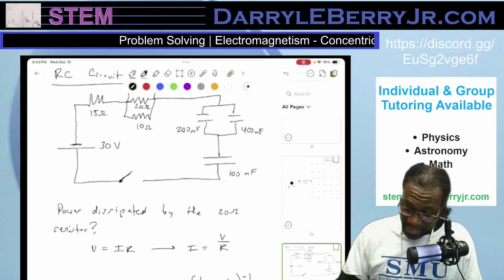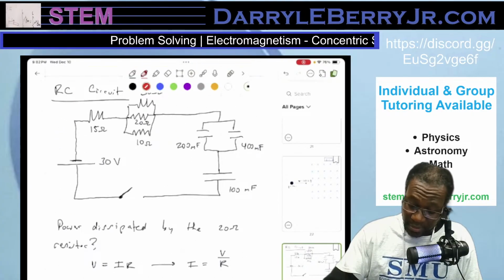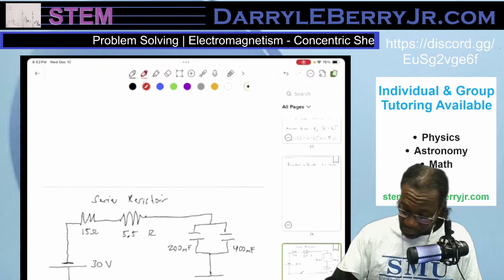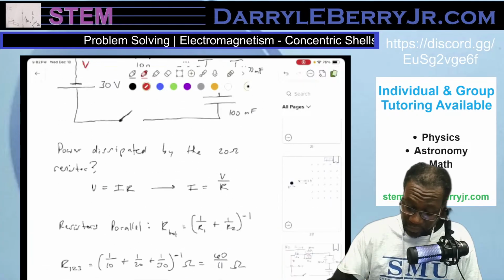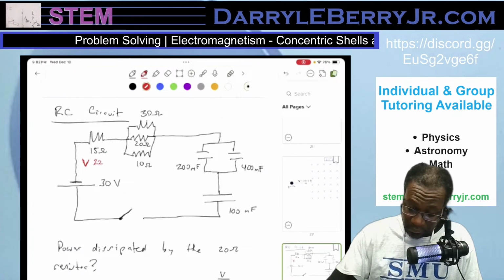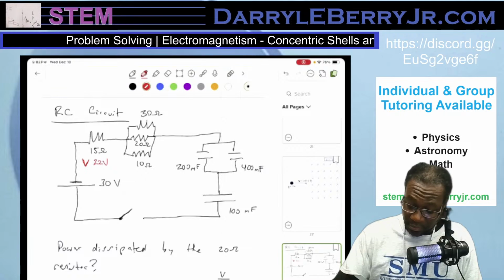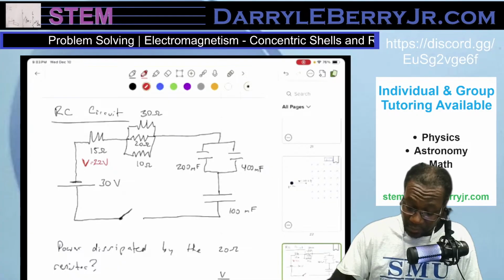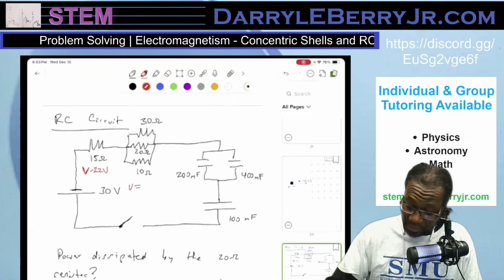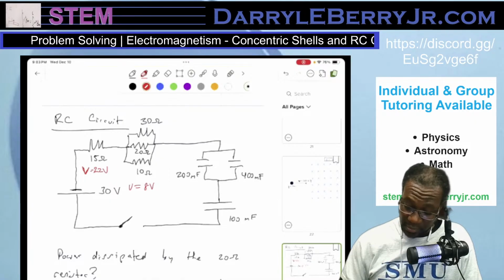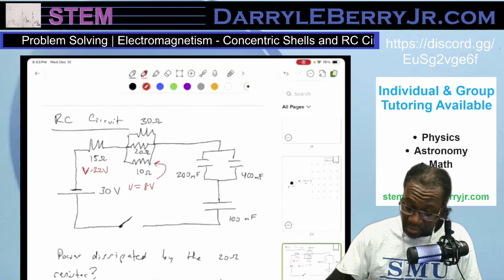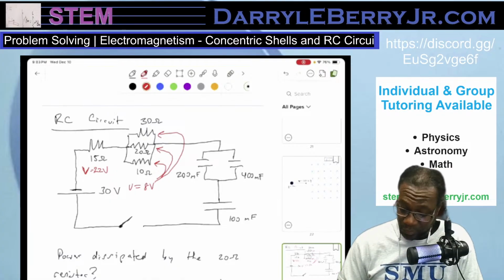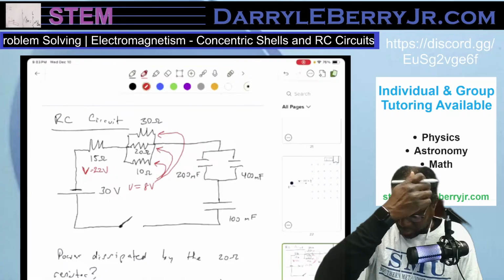So that means that V on the 15 ohm resistor will still be 22 volts, but the voltage on each of these three will end up being 8 volts. Since they're in parallel, each one has the same voltage of 8 volts. And so that's the way that works.